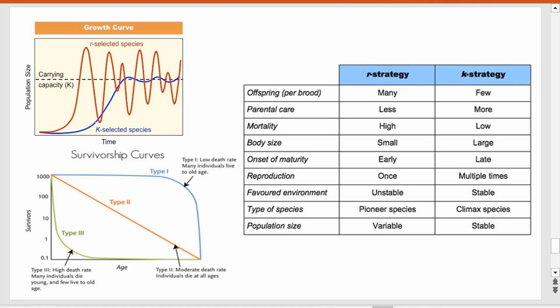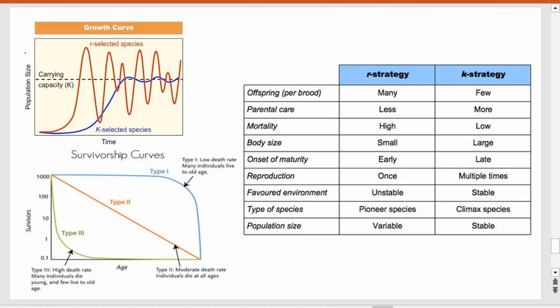In a K strategist species, K here refers to the carrying capacity. What is carrying capacity? Carrying capacity means in a particular area, it can only sustain a definite amount of individuals. That is, the given area has resources which allow the growth and survival of a definite amount of individuals.